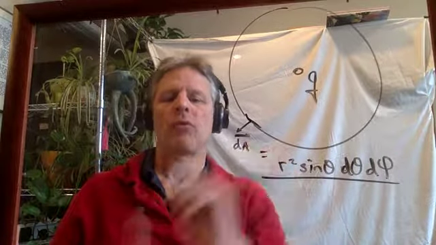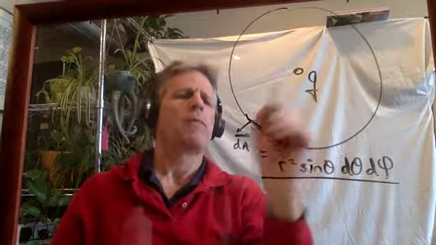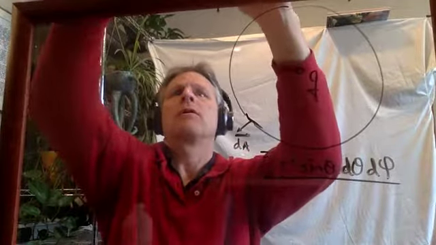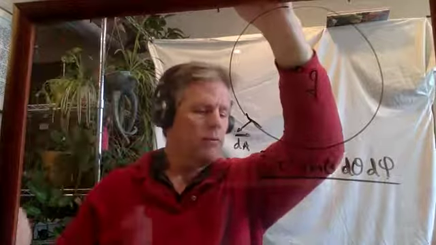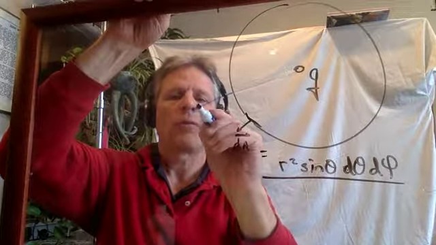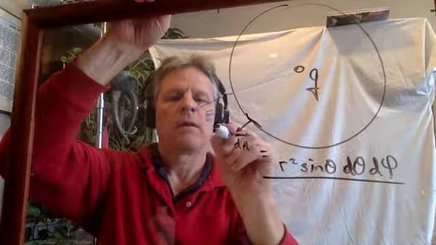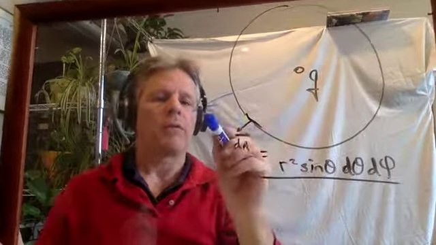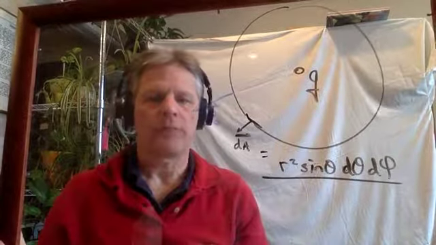But in this particular case, here's my dA. It's heading straight outward from the surface. Well, what about my vector here as relates to the electric field? So let's look at the electric field vector. I'm just going to move it to a different point for clarity, that it is also radial outward from the center.